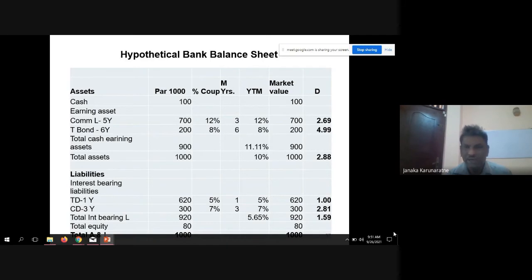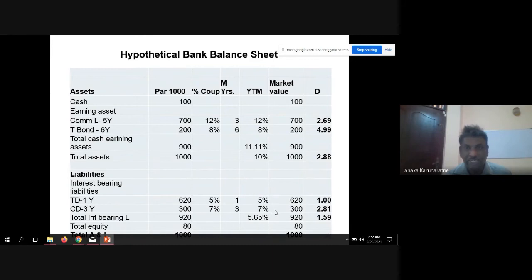So then, if you move on to the interest rate, the liability side, we have term deposit 1-year maturity, 5% coupon, and yield to maturity 5%. So the par value and the market value same. The duration is only 1 year. Other deposit set CD of 3 years, face value 300, 7% coupon. So the maturity is 3 years.